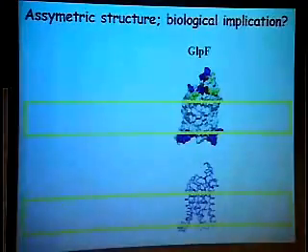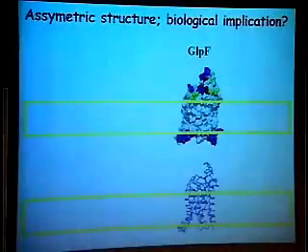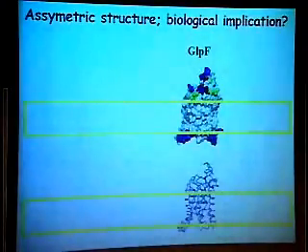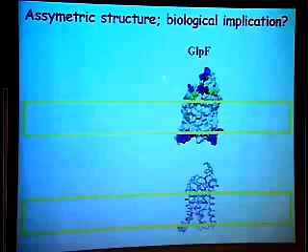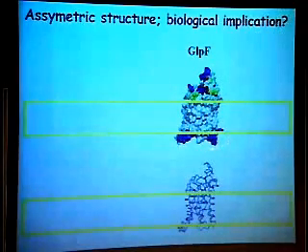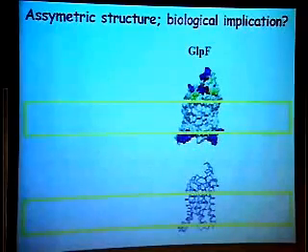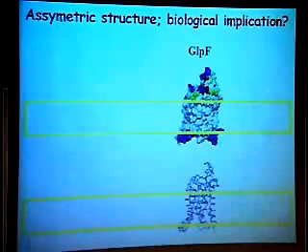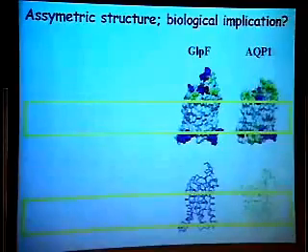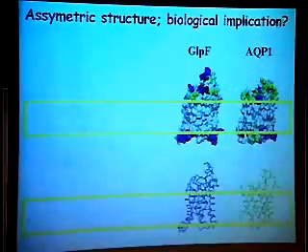But if you look at the structure of GlpF, this is a water and glycerol channel. You see that the structure is also asymmetric. Outside the cell, we have a large domain which is missing if you look at the cytoplasmic side, inside the cell. Let's look at other channels. I looked at the PDB and picked up a few other channels. One of them was AQP1, aquaporin 1.